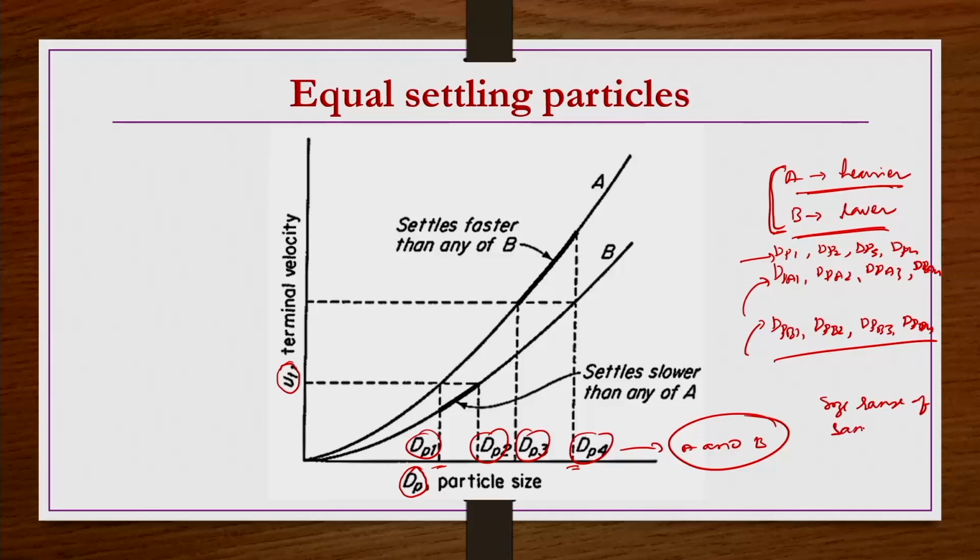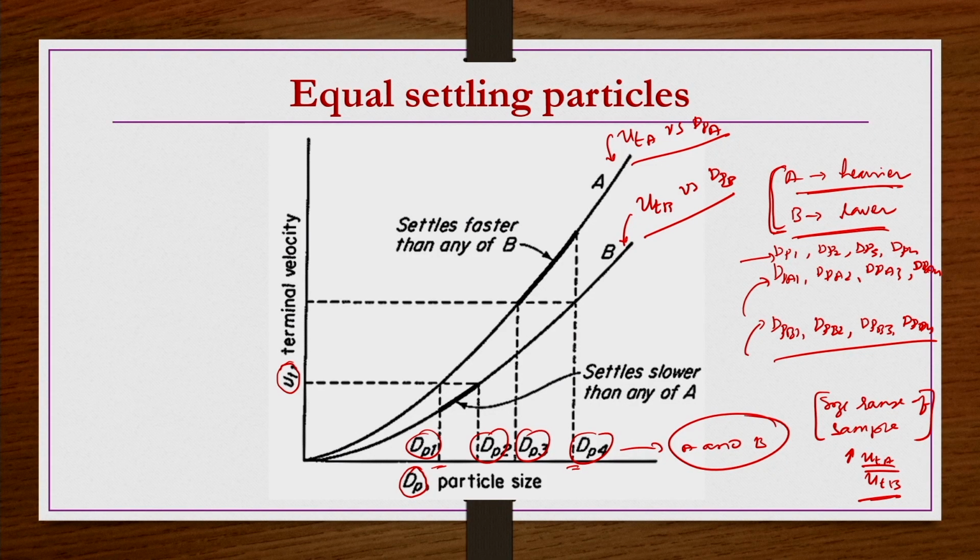Within this size range, for both A and B type particles, you find UTA and UTB, so that you plot. This is UTA versus DPA, and this is UTB versus DPB, right.